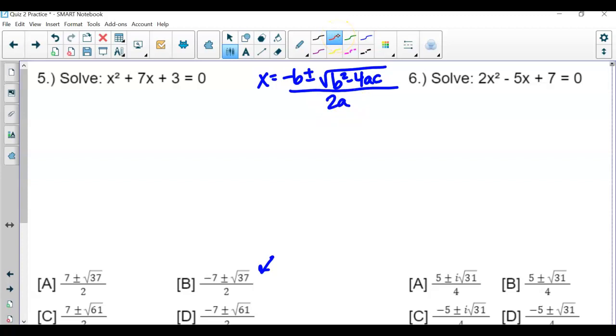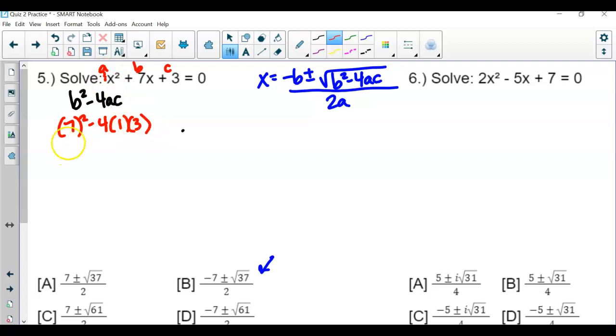I'll break it apart and just first focus on the discriminant, what's going to go under our radical. So again here, b squared minus 4 times a times c, where we identify our a, our b, and our c. So here b squared, 7 squared, minus 4 times a, which is just understood to be 1, times c, which is 3.